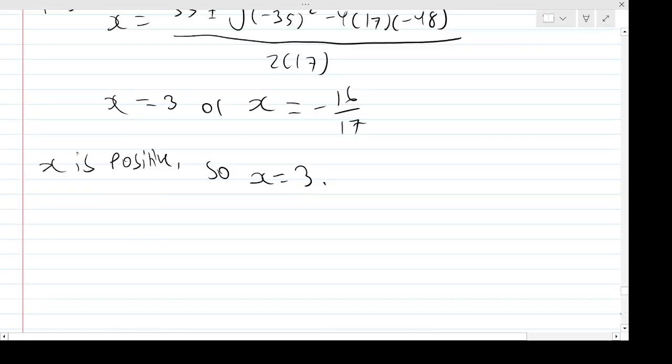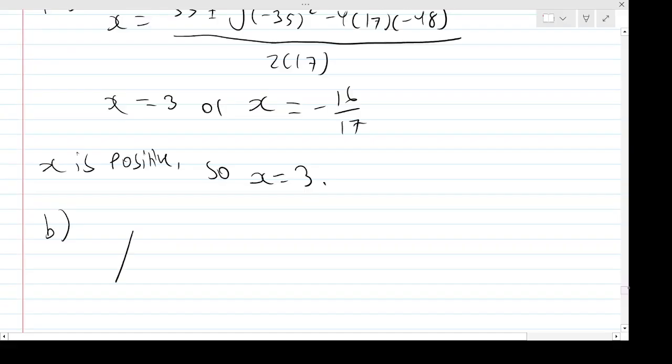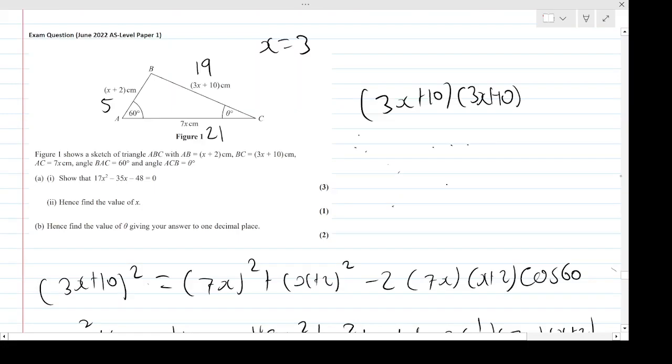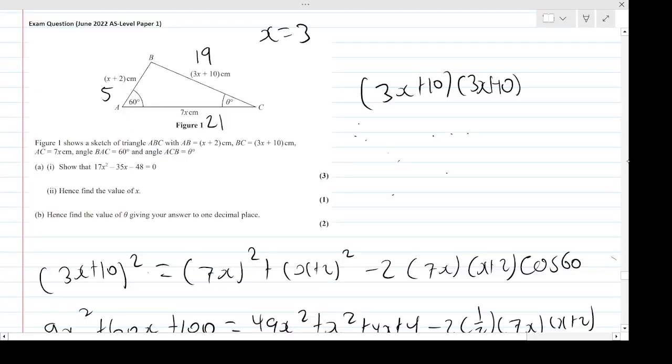So if I restate this triangle down here, hang on. There we are. So ABC, 5, 19, and the other side was 21, was it?